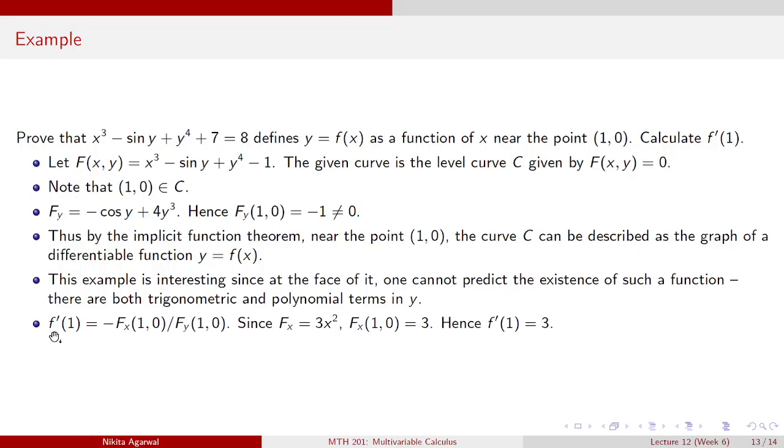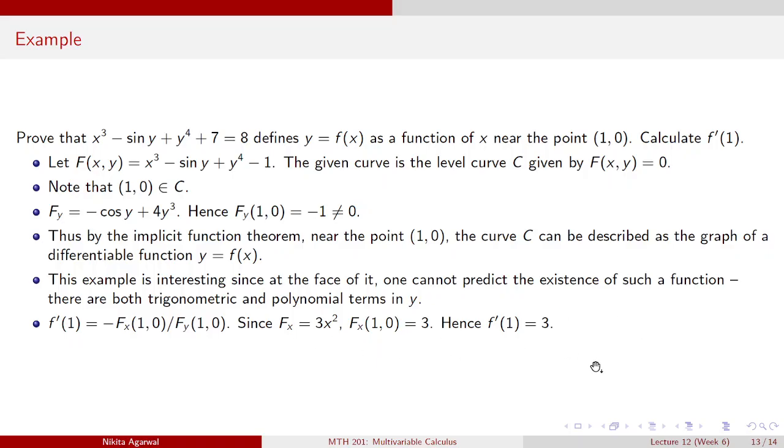What is f prime of 1? By the result, it is minus of F_x at the point divided by F_y at the point. It's not difficult to remember this expression because what comes in the denominator is what is non-zero, right? Which is F sub y. And then there should be a negative sign, and in the numerator you should have F_x.